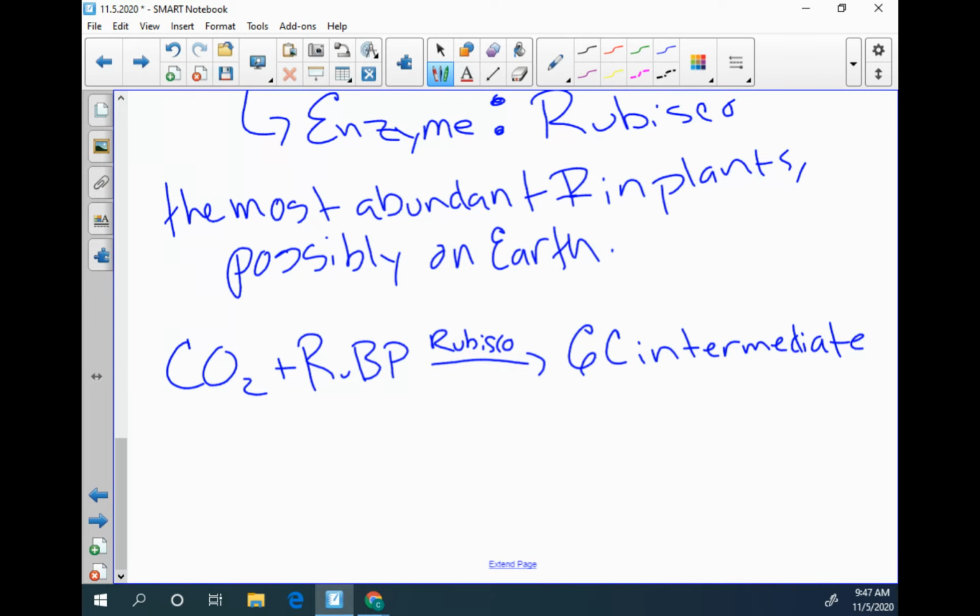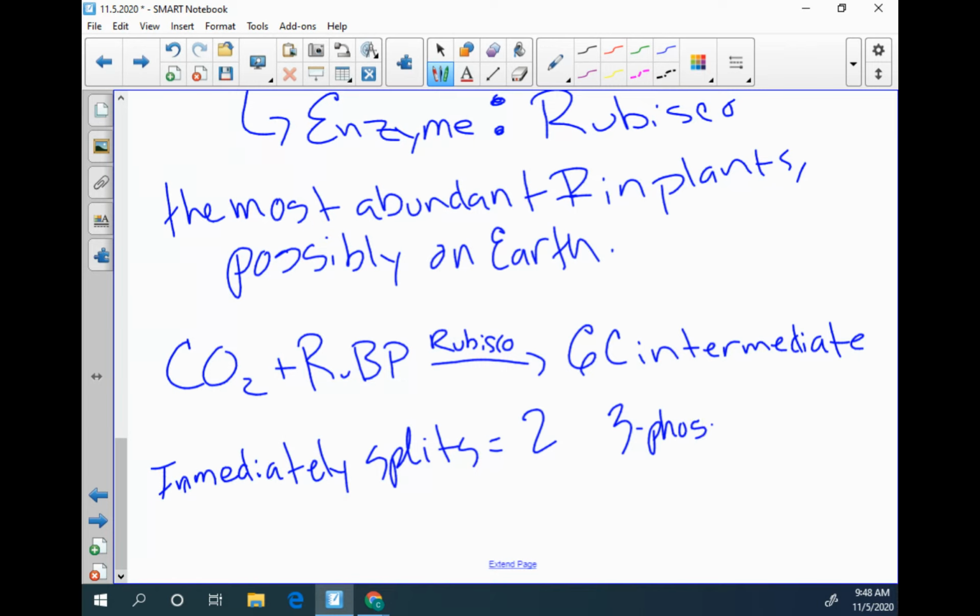We call it an intermediate because it almost immediately splits in half. And we get 2 3-phosphoglycerates.